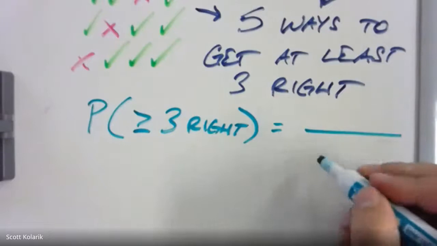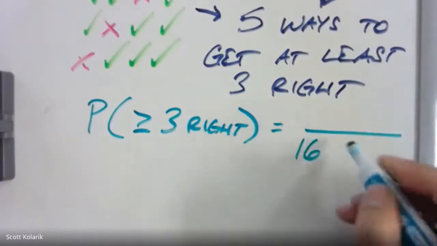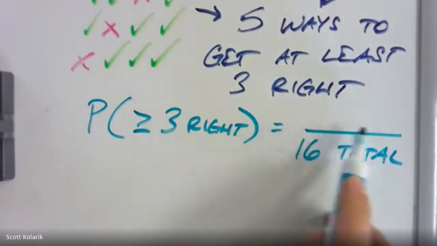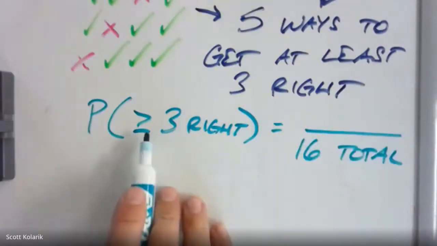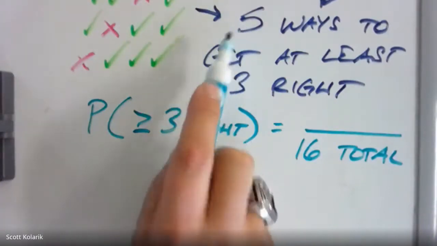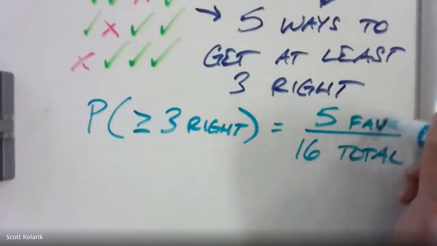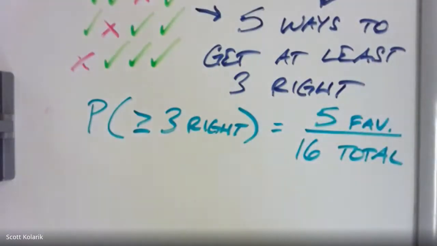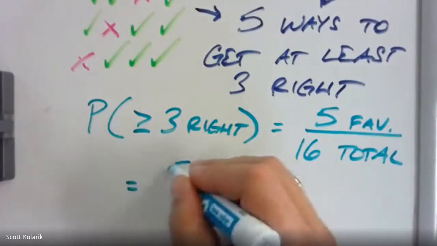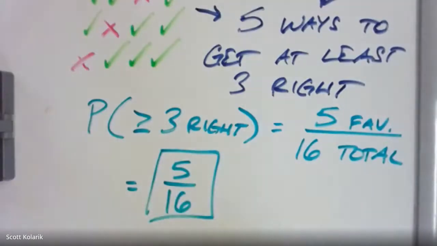The denominator was the total number of outcomes, the different ways to fill out this quiz. That is still 16 total ways to do it. For the numerator, or the favorable outcomes, getting at least 3 right, we just solved that to be 5 different ways to do that. 5 favorable ways to fill that out. And there is my probability. This one does not reduce. So 5 over 16 would be my final fraction, my probability.